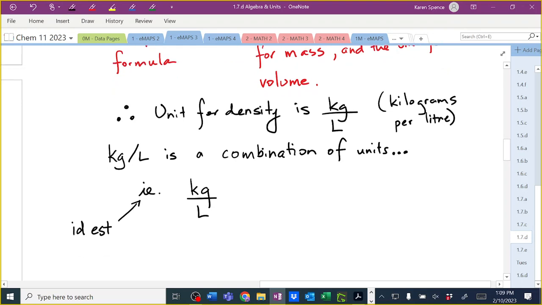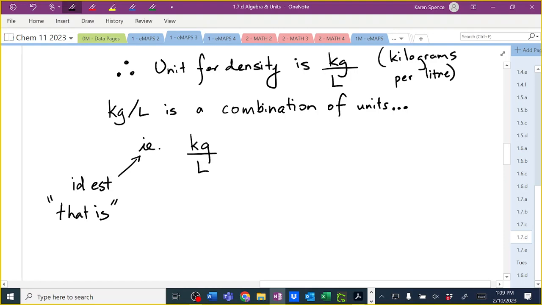Okay, so if you ever see IE and you're like, I don't know what that means, it's from the Latin it is, essentially, or that is, which means in other words. So if you ever want to say in other words really quickly, you can write IE, id est. It doesn't have to be written like that, it can just be written IE.